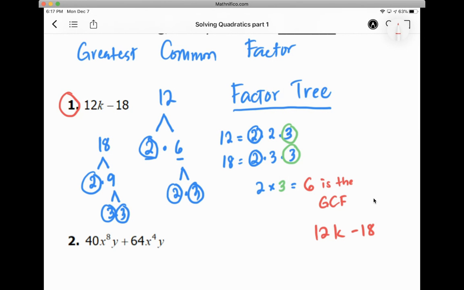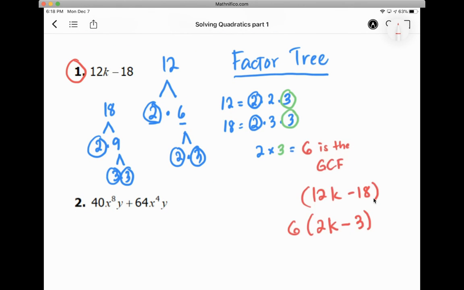Of course, 12 can be divided by 6, so that gives me 2. We'll just copy the variable. And 18 is divisible by 6, that gives you 3, right? So the answer would be 6 times the quantity of 2k minus 3. This is your factor.